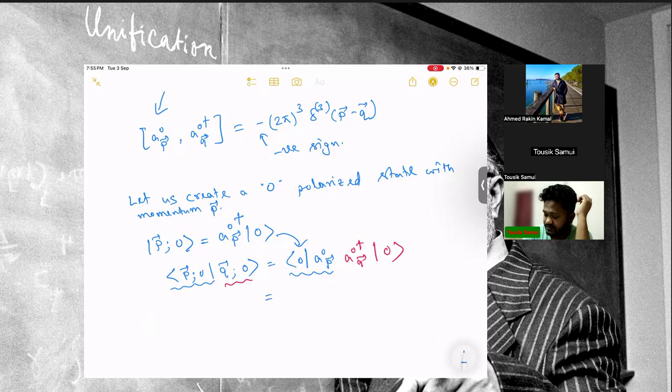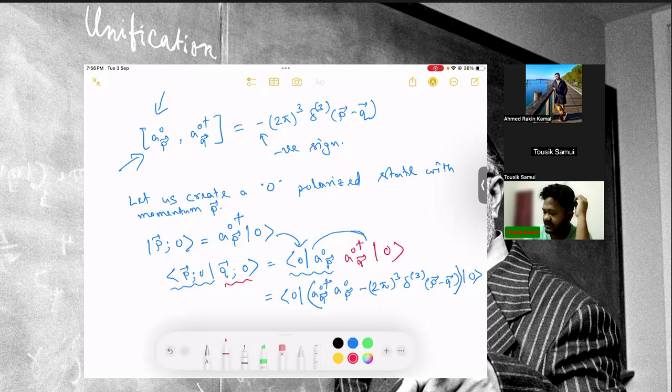Now if we use the commutation relation between these two with the appropriate sign, then it will be a p 0 a dagger q 0 minus (2π)³ δ(p−q). The first term of course annihilates the vacuum, so its contribution would be 0.